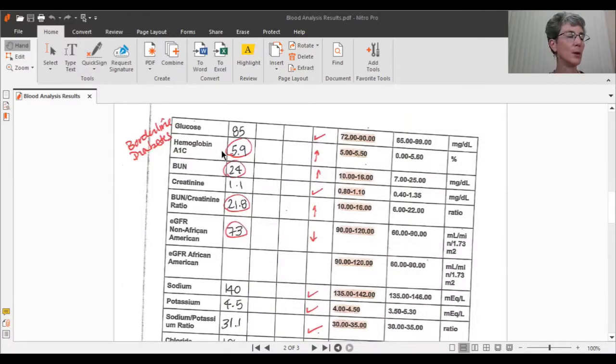In the case of glucose in particular, oftentimes if you have problems with your adrenal function, you have problems keeping your blood sugar stable. So glucose and hemoglobin A1C being low are something that I really like to make sure is not happening, because a low blood sugar in the middle of the night will wake you up between 2 o'clock and 4 o'clock in the morning.